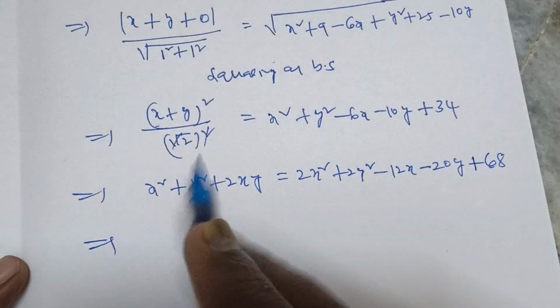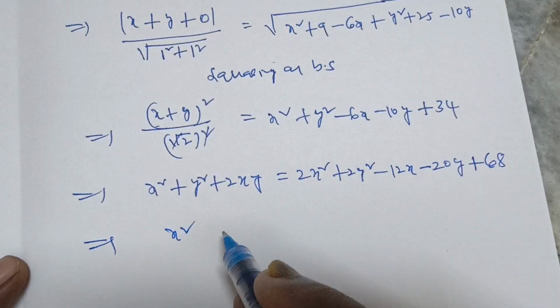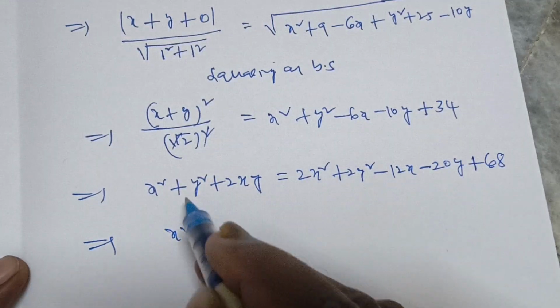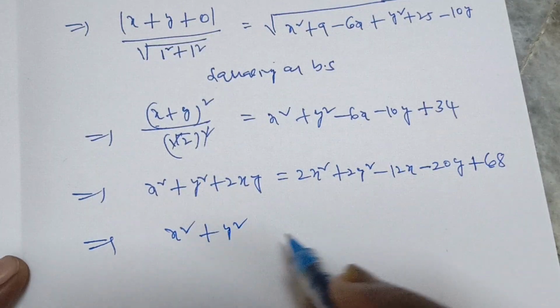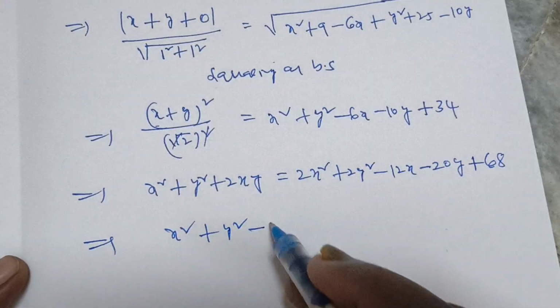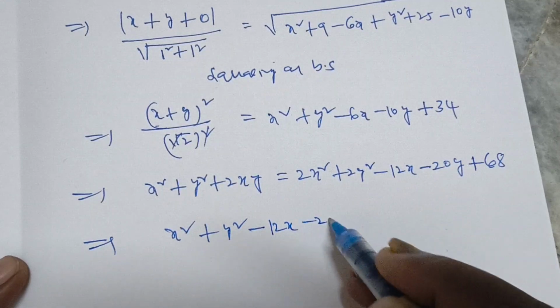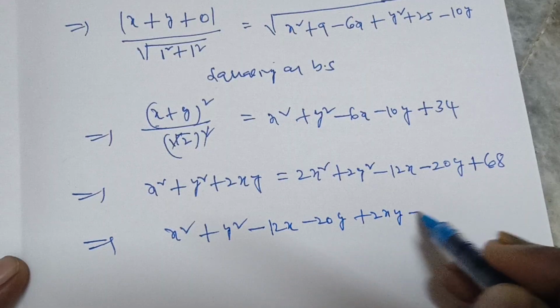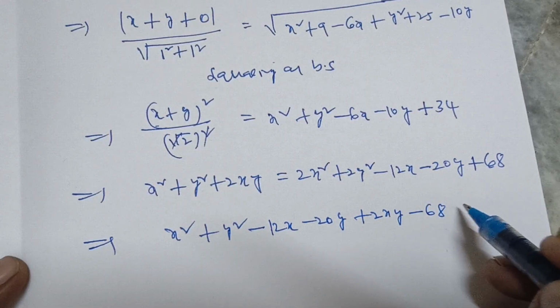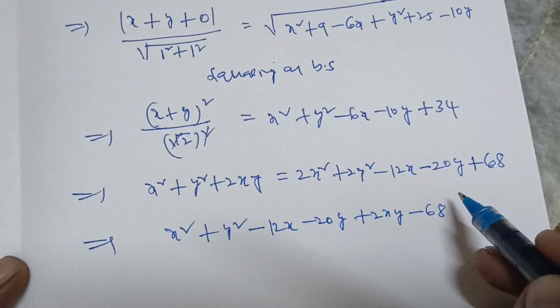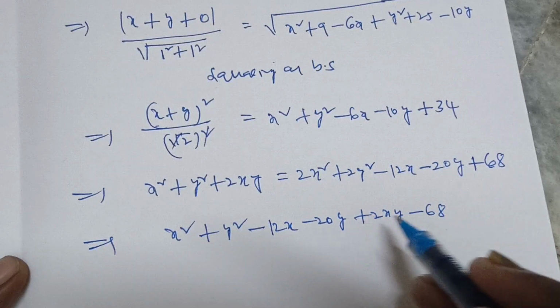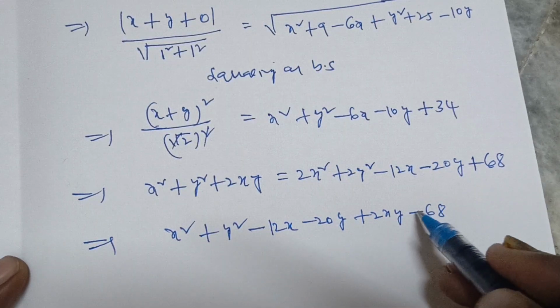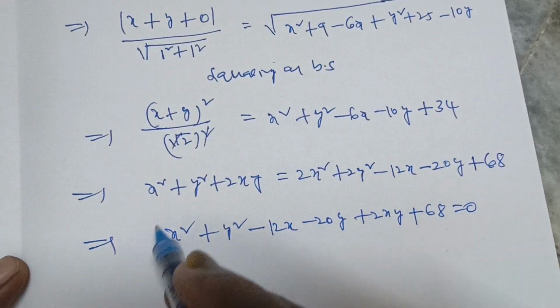So 2x square minus x square, plus 2y square minus y square, minus 12x minus 20y, minus 2xy, plus 68 equals 0.